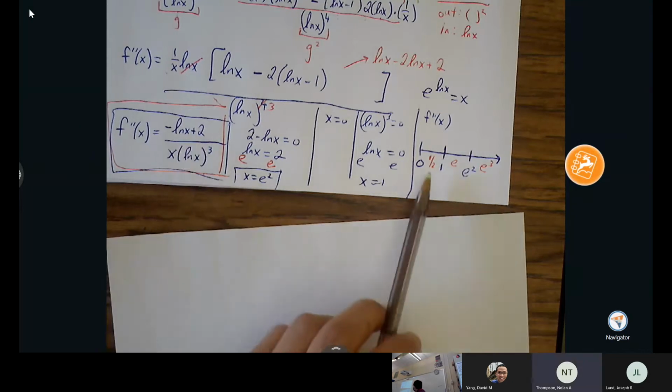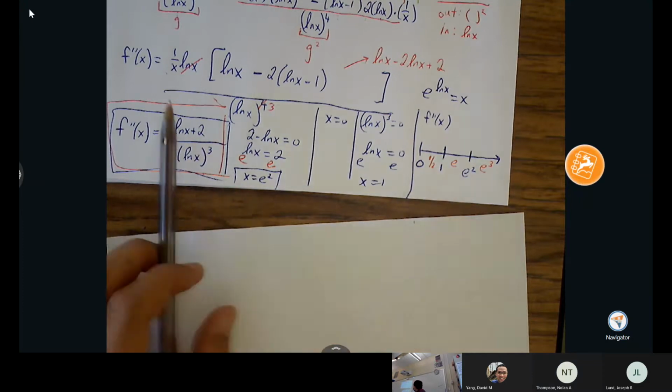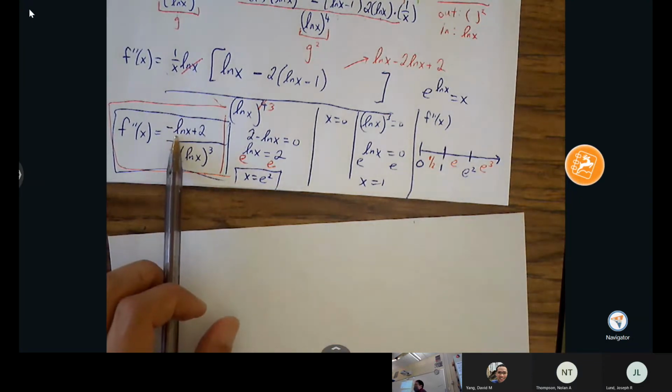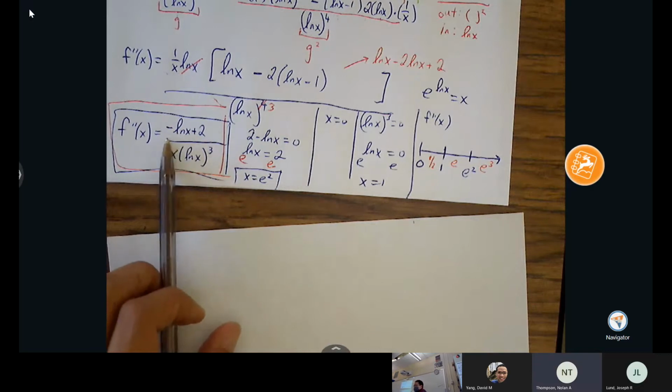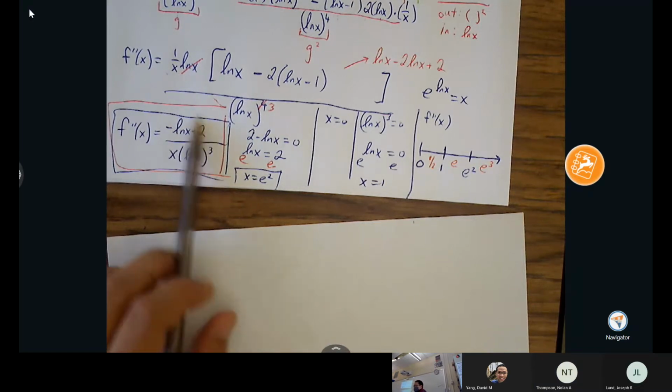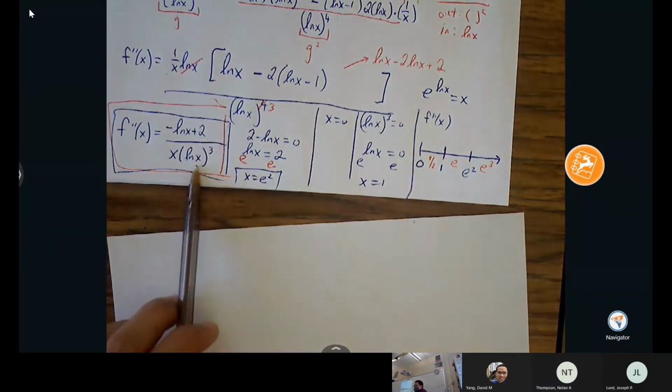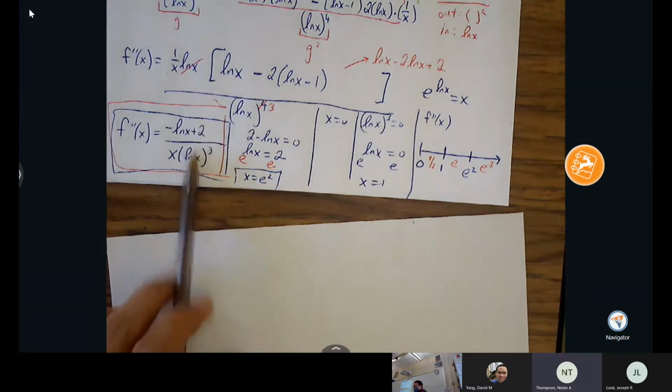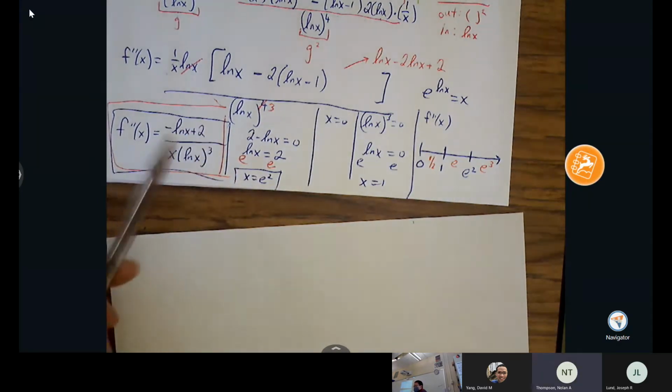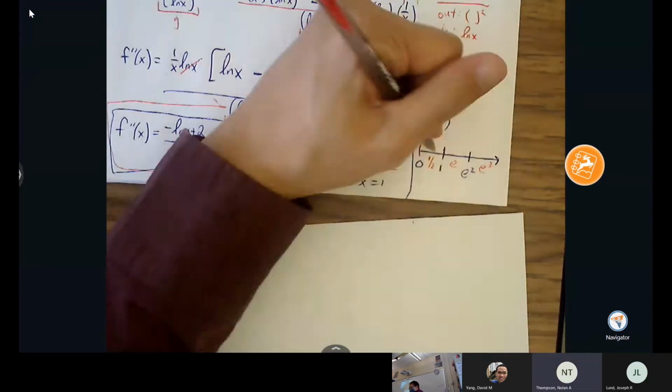Natural log of 0.5 is going to be a negative number. So negative times negative is positive, so positive plus positive is positive. Now natural log of 1/2 is still negative in the bottom. Negative cubed is still negative, so positive over negative is negative, right? So concave down.